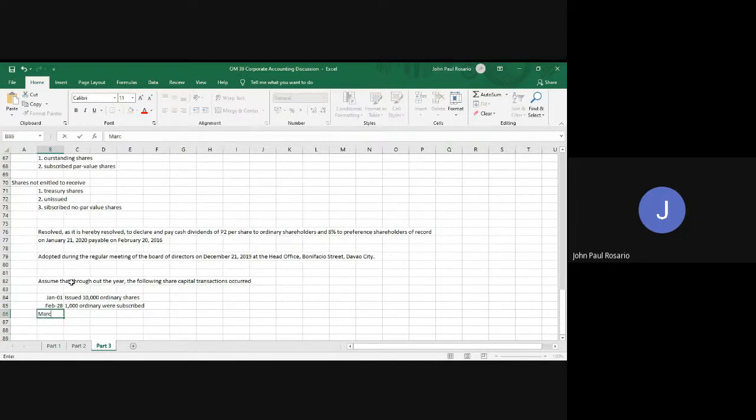Then on March 15, 900 ordinary shares were reacquired.